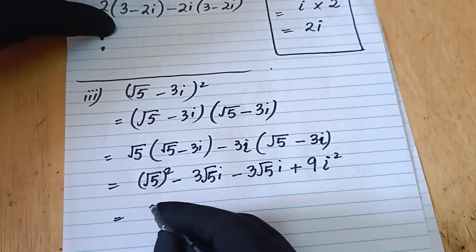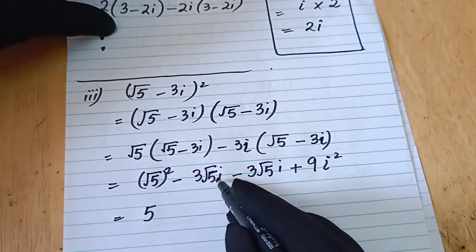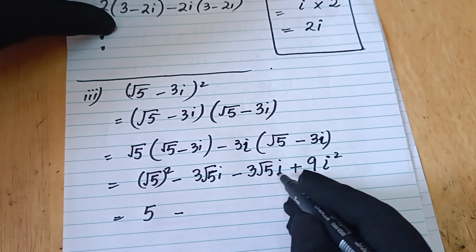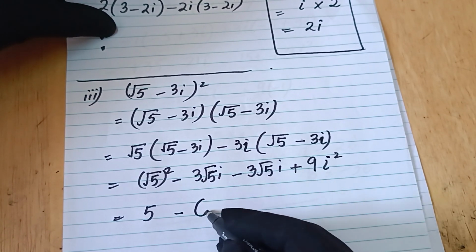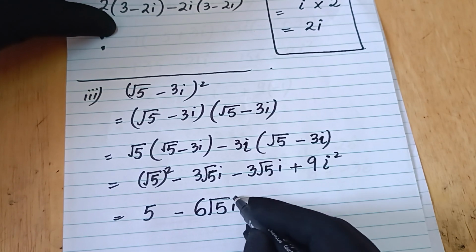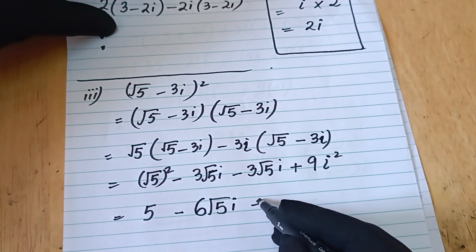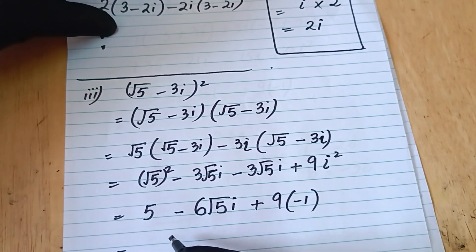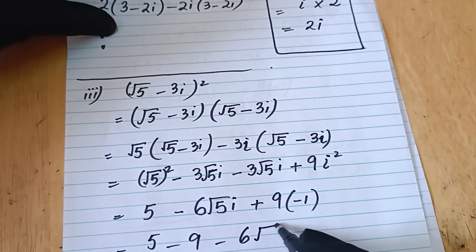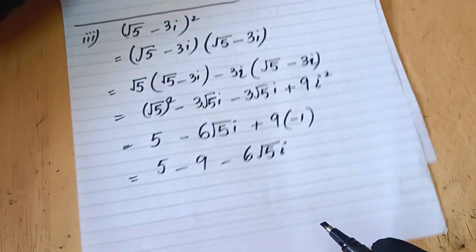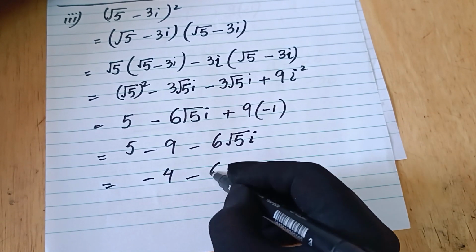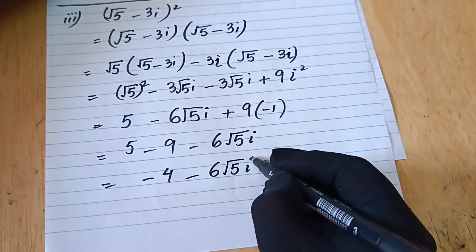Okay, it becomes 5, then minus 3 times and minus 3 times, which means the coefficients will be added. Minus 3 times this, minus 3 times, means minus 6 times under root 5 iota. Plus 9 iota square will be replaced by minus 9. Now 5 minus 9 is minus 4, minus 6 times under root 5 iota.